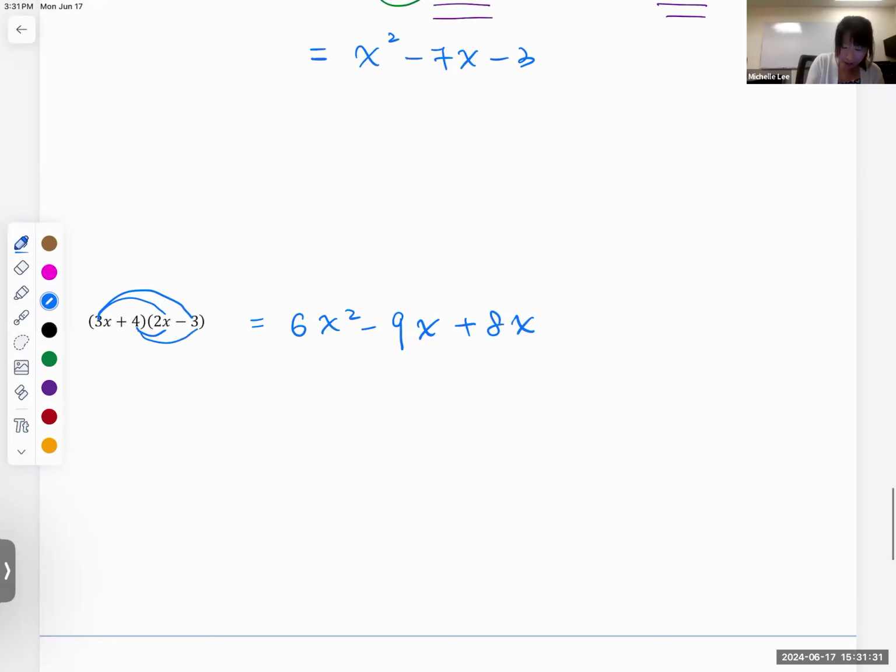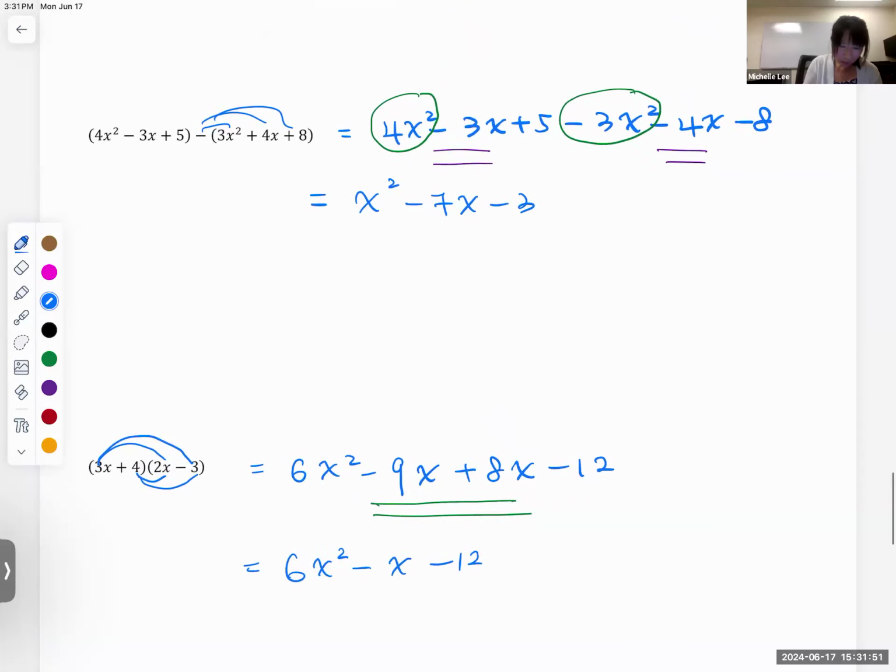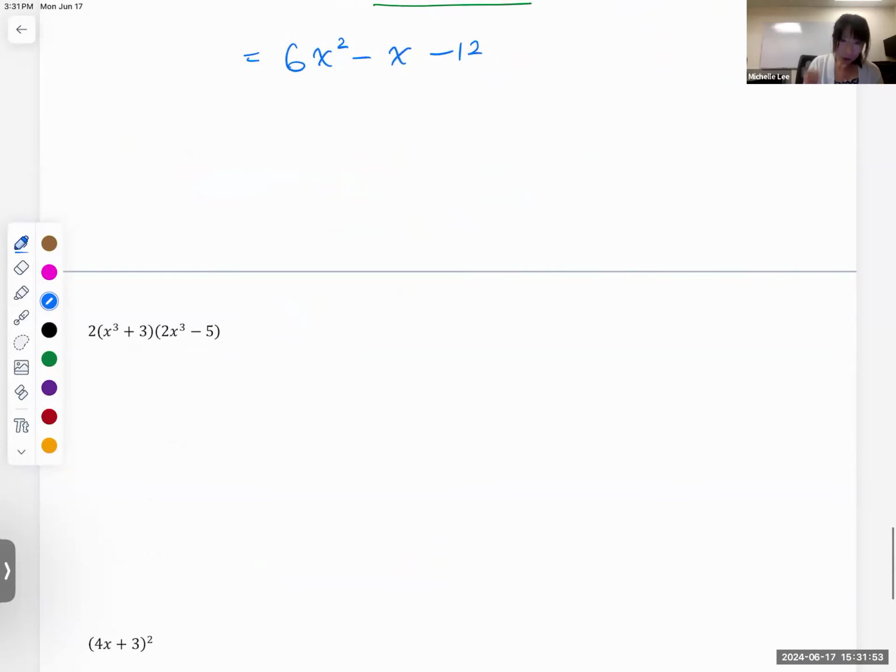And then the last one, which is negative 12. They are like terms. Then there will be 6x squared minus x minus 12. Okay. Please correct me if I make a mistake.